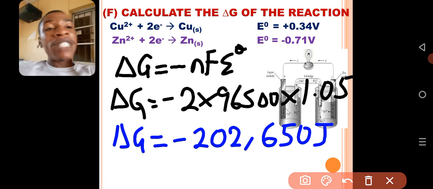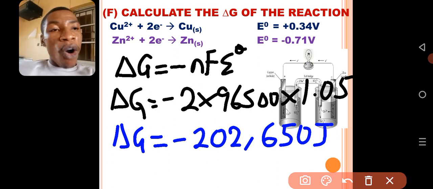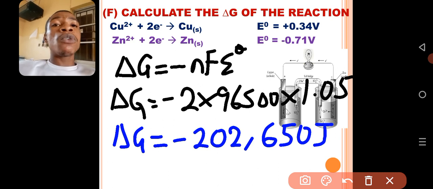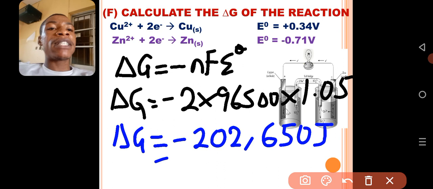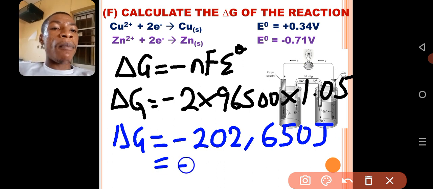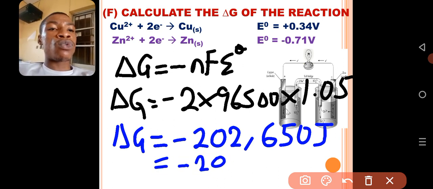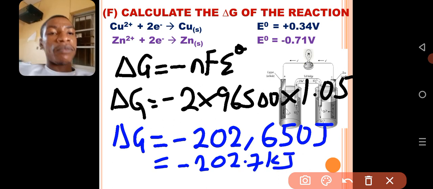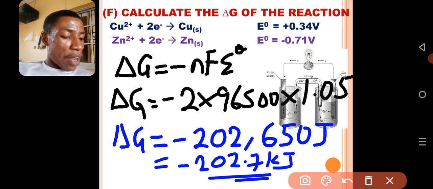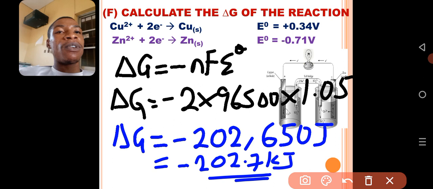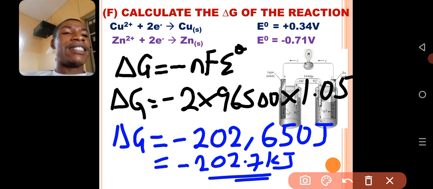So put the sign and the unit of delta G. If you want to find it in kilojoules, just divide by 1,000. That will give you minus 202.7 kilojoules. Any of the two, you'll be fine. So thank you. That's how you do delta G.